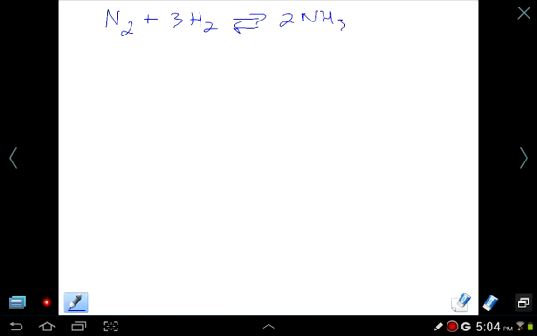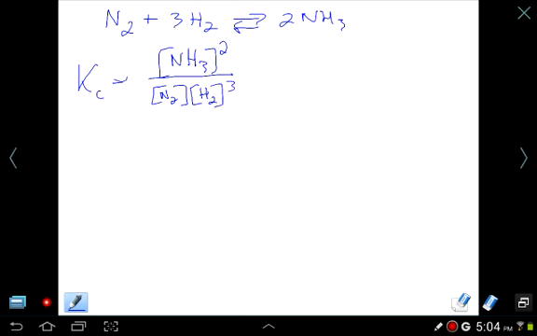So setting up the constant Kc, again we have products divided by reactants, so Kc will equal the concentration of NH3 as our product squared over the concentration of N2 times H2 squared, cubed in this case. Let's go and plug the values in. So in our case, the concentration of NH3 was found to be 0.00272.